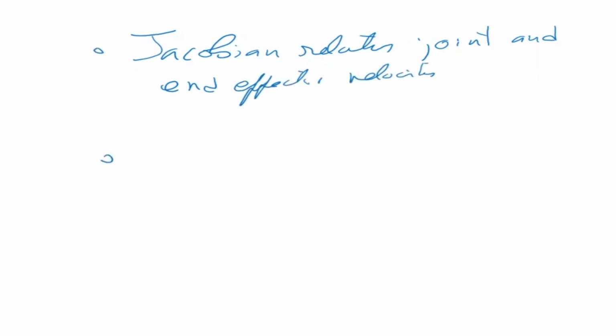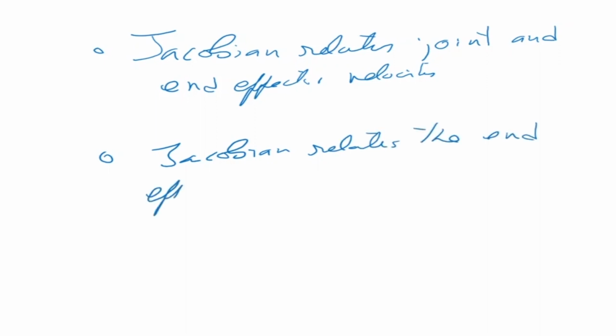This is one, but the Jacobian also relates the end effector force and joint torques. Now these are the two most important things to remember.